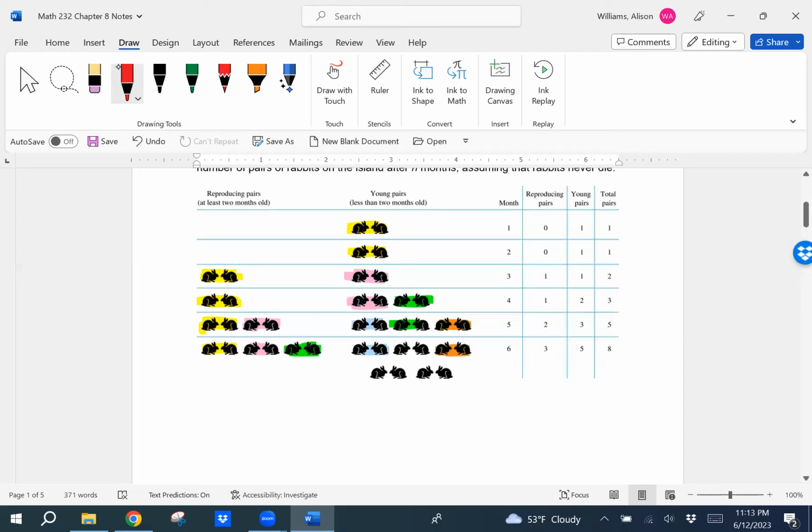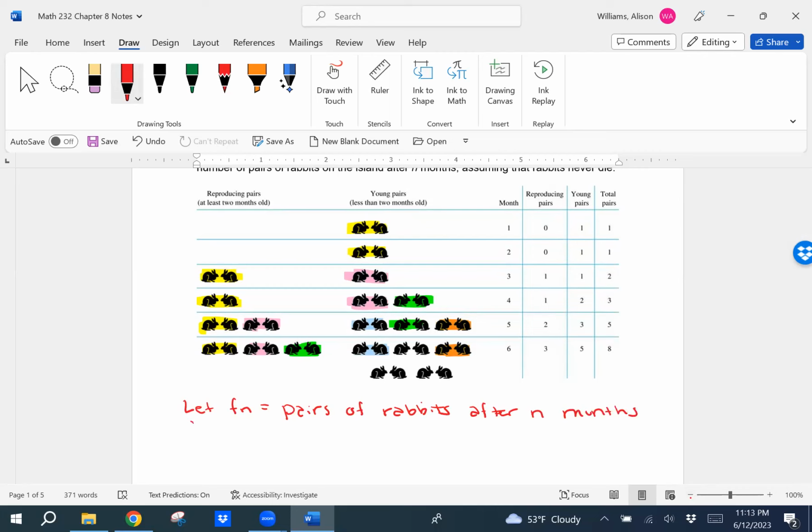We will start by letting f sub n equal the pairs of rabbits after n months. We have to give it a label, and we'll typically start these problems like this: we give what we're after a label.